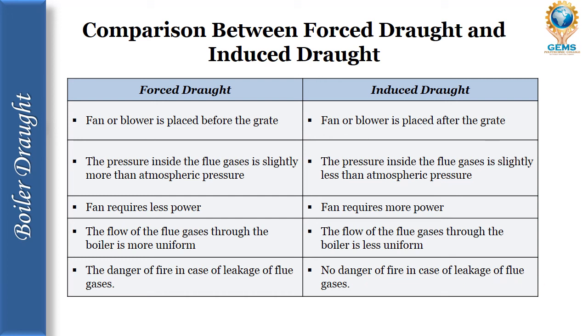Here the overall pressure maintained inside the induced draft system is less than the atmospheric pressure, so the outside air can go inside, instead of the fire or flue gases rushing outside. So there is no danger of fire in case of leakage of flue gases.